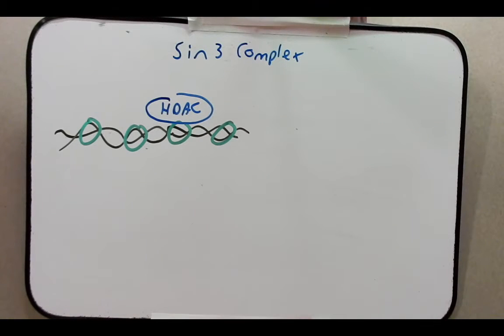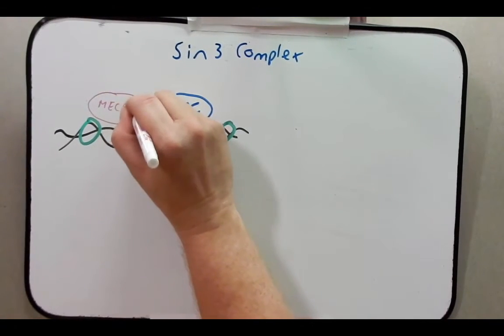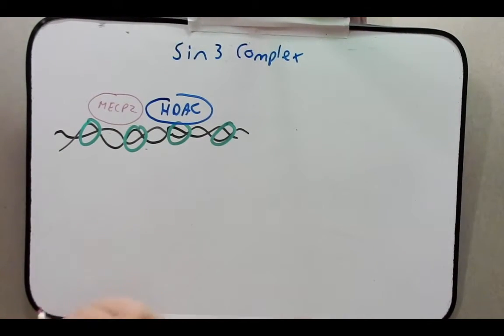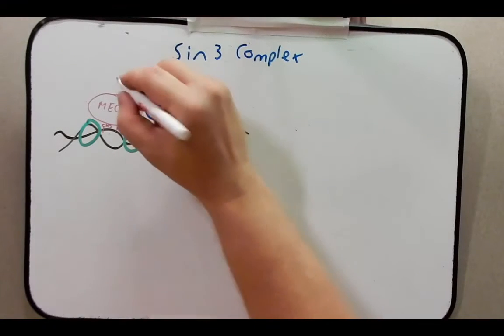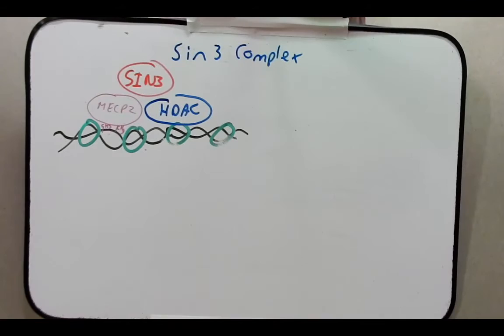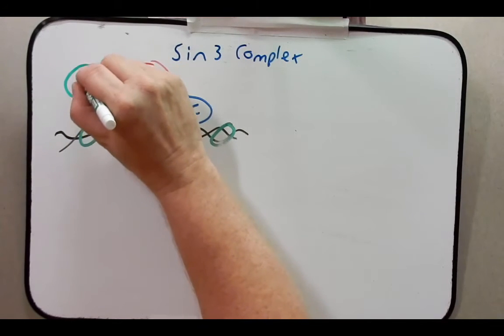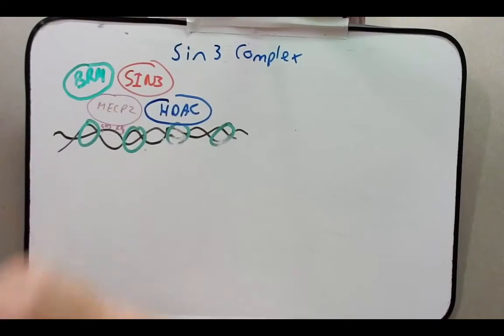It is often found associated with these proteins we've talked about before, MECP2s, which methylate the DNA. And remember, we have then our SYN3 here. Now, it's not unusual to also maybe have one of these proteins here, if you remember, BRM, which is linked to those SWI/SNF complexes.